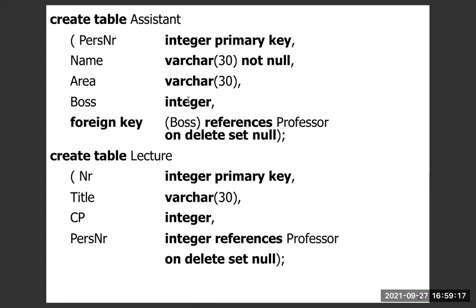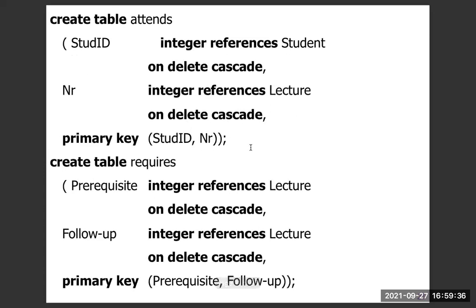Another option is to define all the fields, and then after a comma set foreign keys, primary keys, and some other constraints. So here we may use the keyword foreign key, that boss references professor on delete set null. And here we have primary key outside of the field list, as primary key is compound.